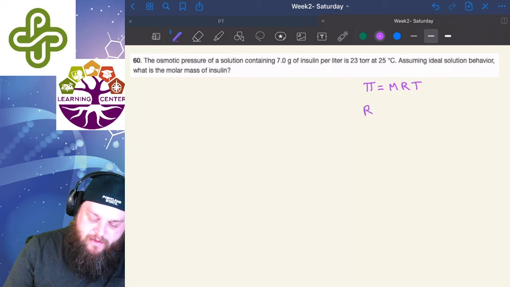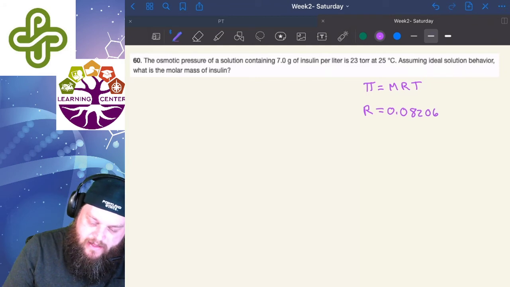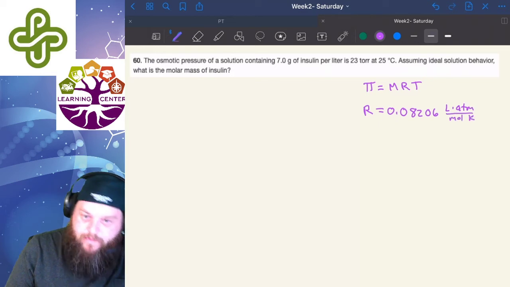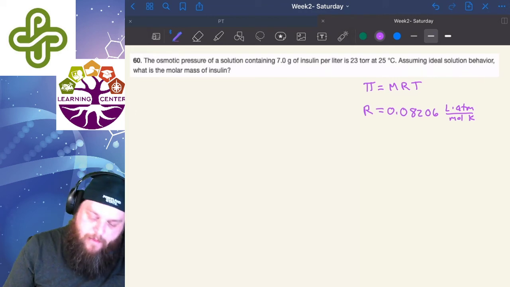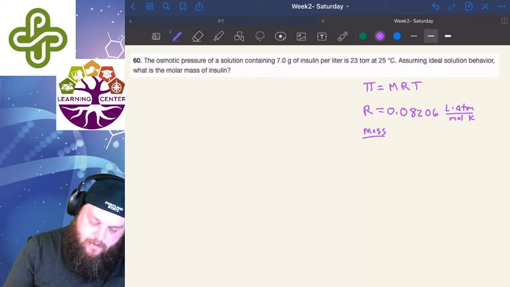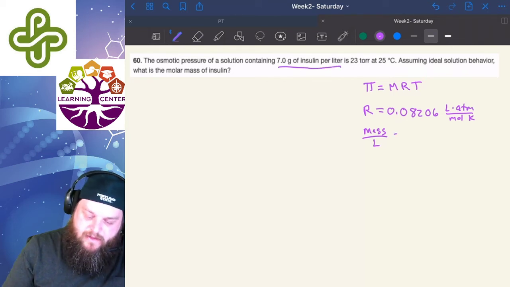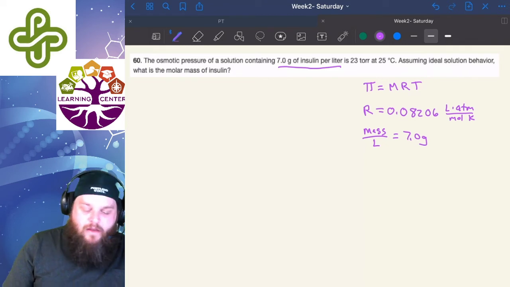So to remind you, the gas constant is equal to 0.08206, and the units for that are liters times atmosphere per mole Kelvin. And we know our mass per liter, right? So what they're telling us there of this insulin is equal to 7.0 grams.